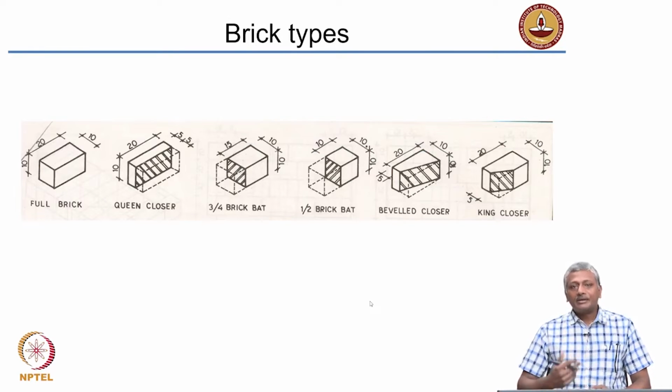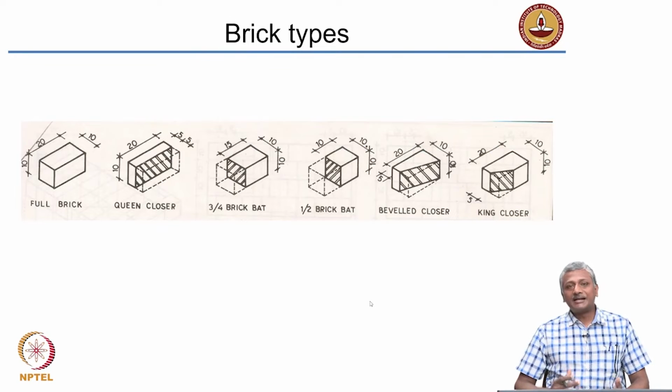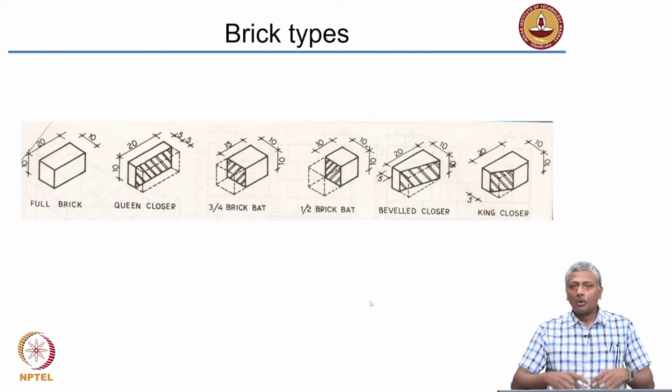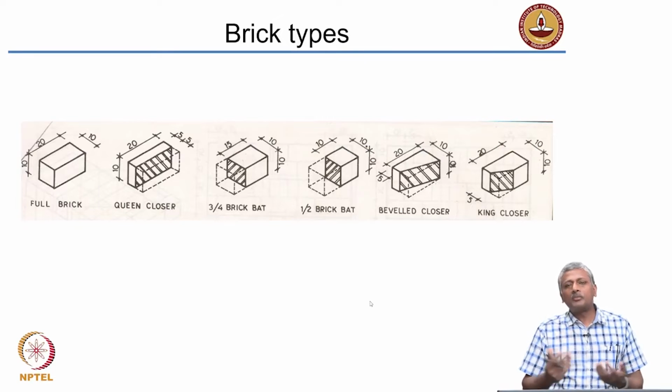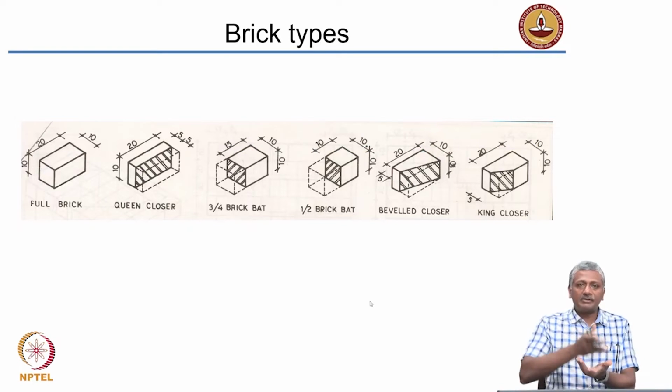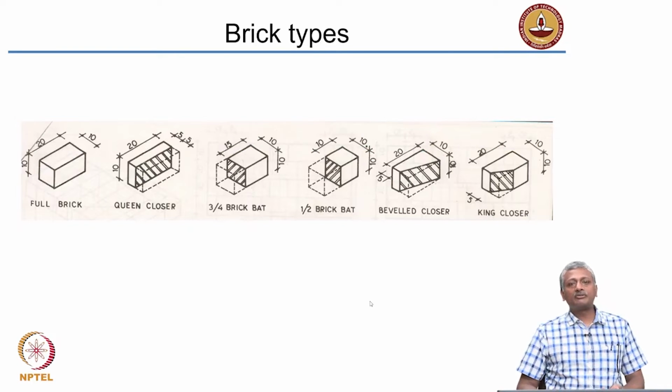There you will see that there are needs for special types of bricks to get the kind of shapes that we actually want. Now, in many cases you can mold these bricks into these shapes also, but then how many of these molds can you actually have on site? So, oftentimes you need expert masons who have the capability of using their trowel to simply slice these bricks into different sizes.